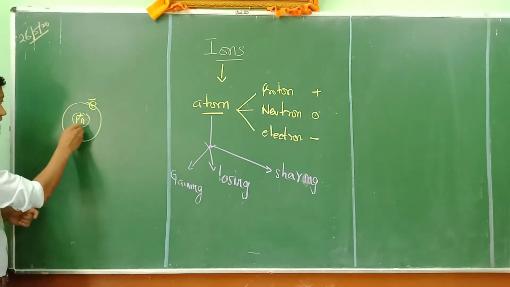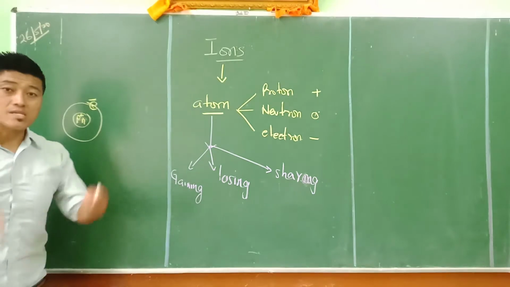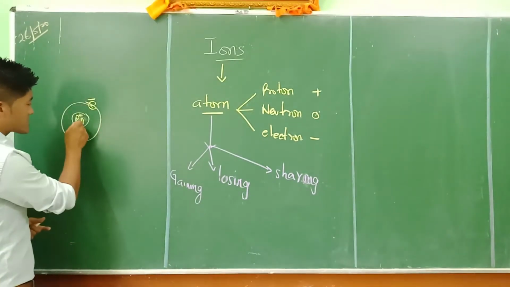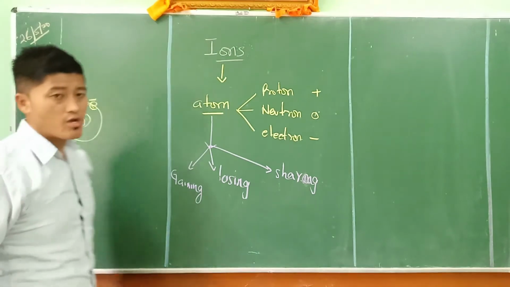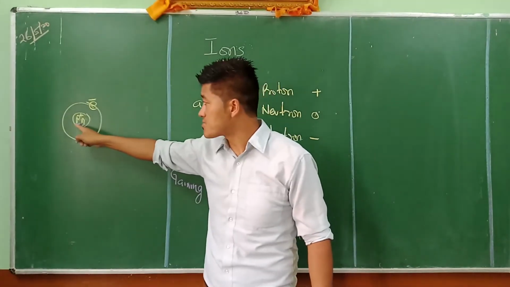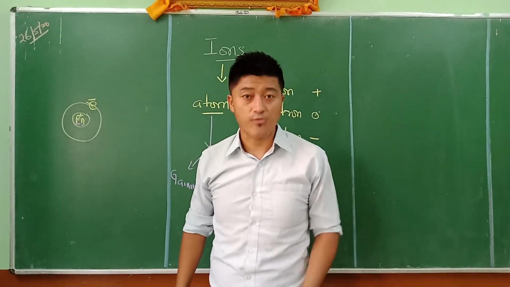Since atoms are made up of 3 subatomic particles, proton, neutron and electron, you can conclude that it will not be possible for an atom to lose protons and neutrons. Atoms are never going to lose protons and neutrons, because the moment an atom loses them, the whole identity of the atom is going to change forever.